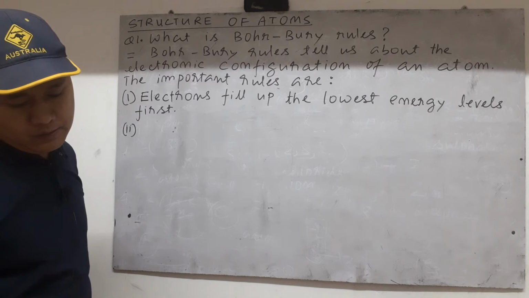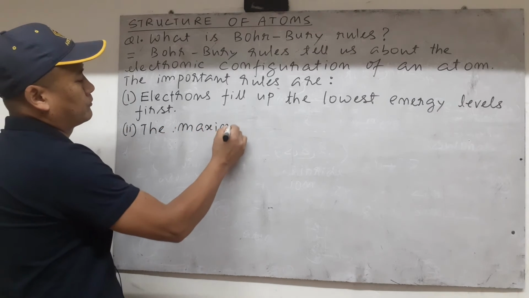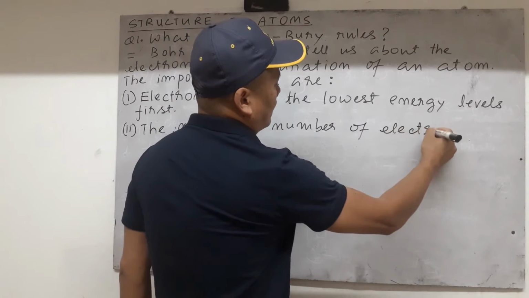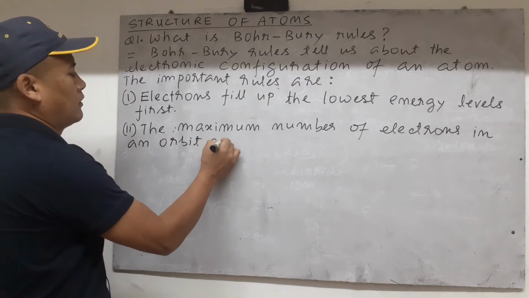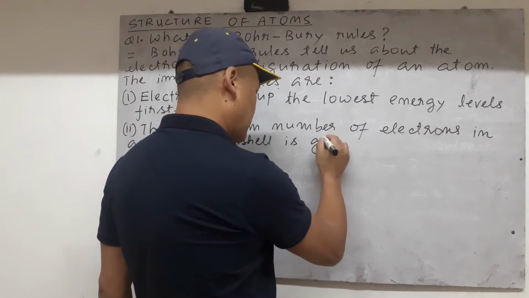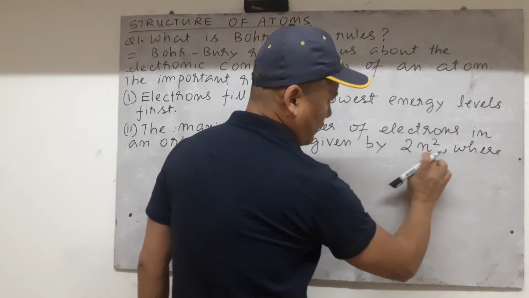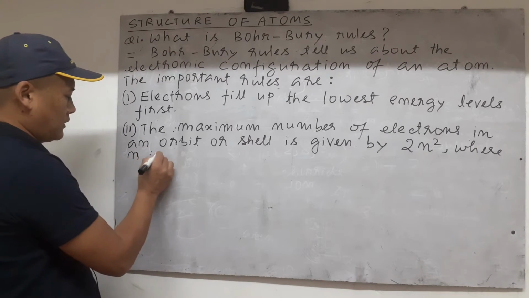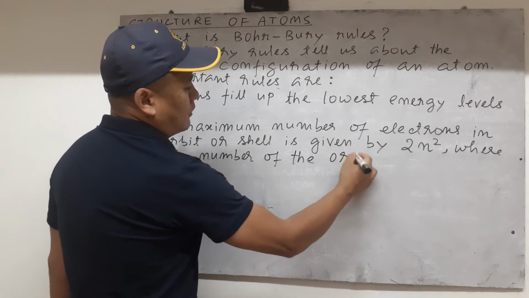The second rule: the maximum number of electrons in an orbit, or we can call it a shell, is given by the formula 2n square, where n represents the number of the orbit.